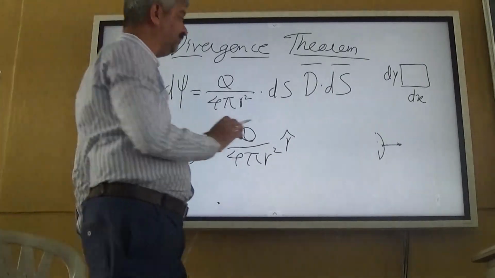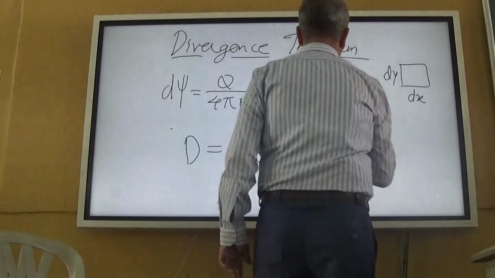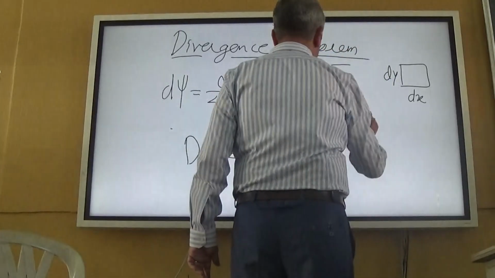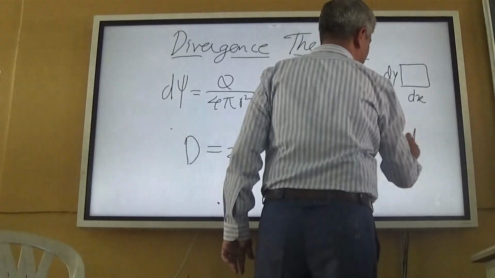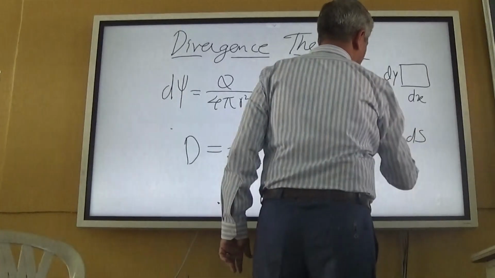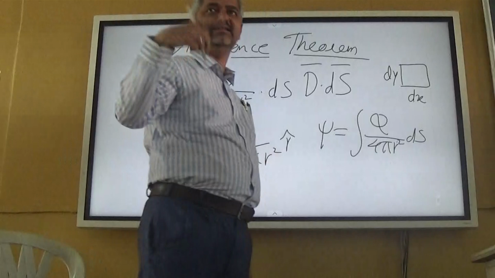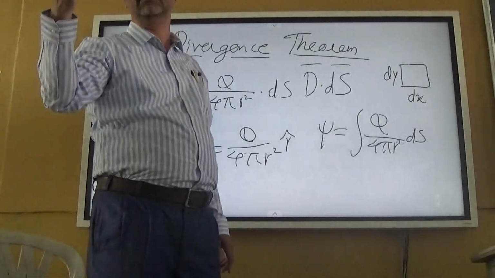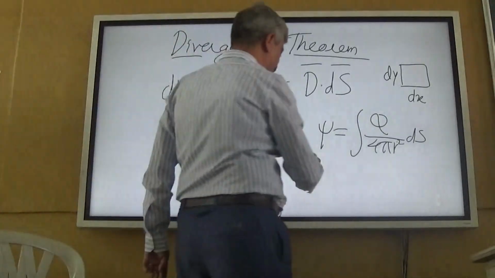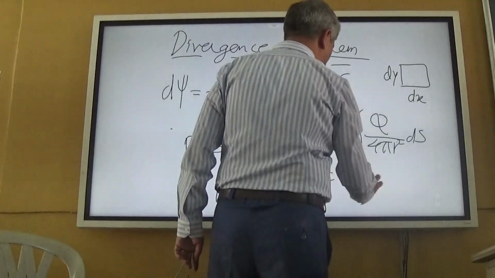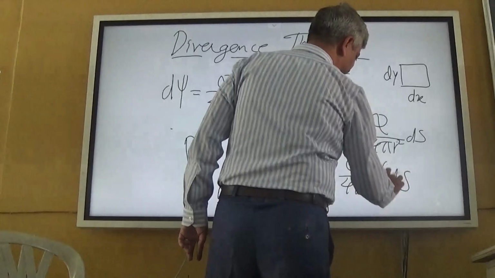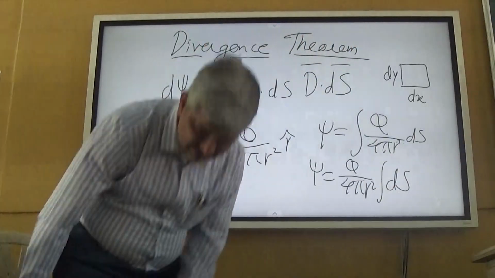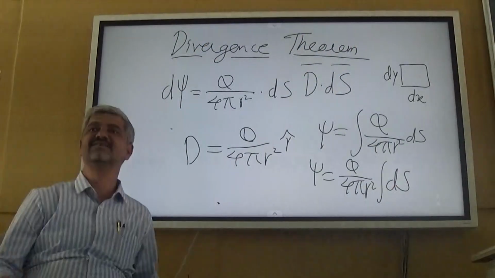So what would be the total flux through the sphere? Psi would be the integration of q upon 4 pi r square ds. If you go by the classical way, it would be impossible for you because you can't put the limits. But at least what you can do, q upon 4 pi r square is constant, and integration ds.